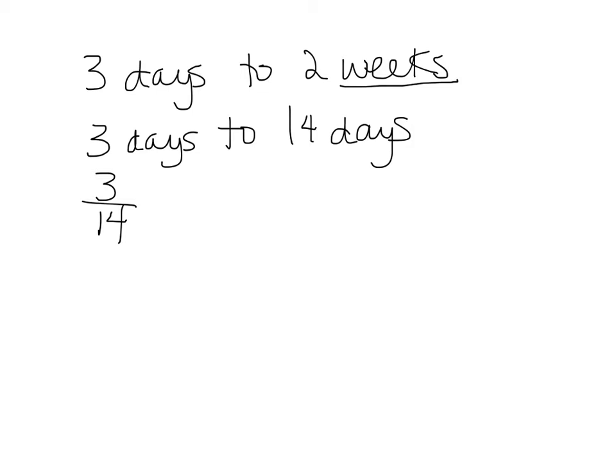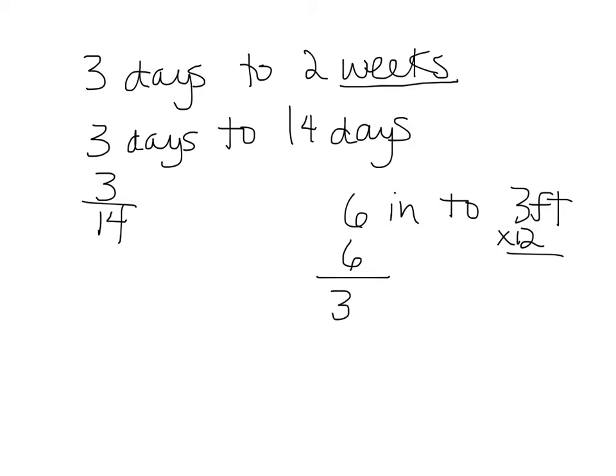If I say 6 inches to 3 feet, since every foot is 12 inches, 3 times 12 is 36, so 6 to 36, and I would reduce that to 1 to 6.